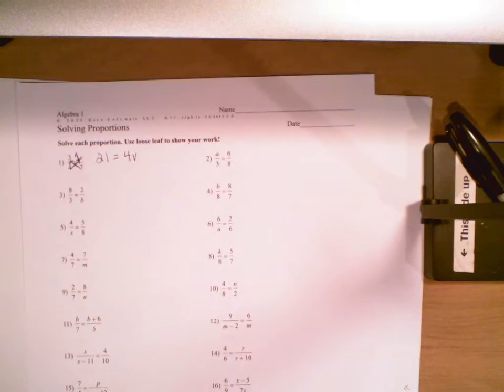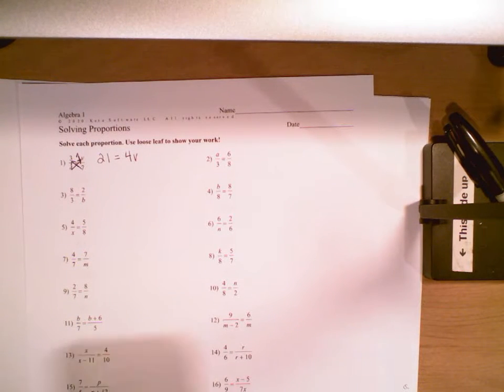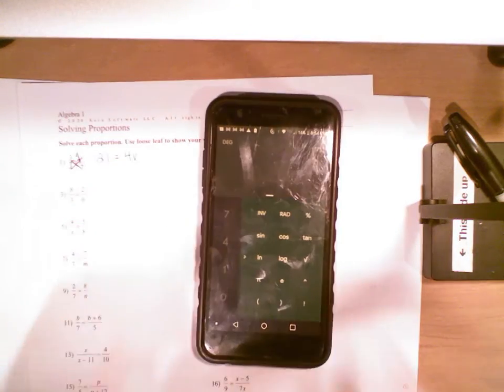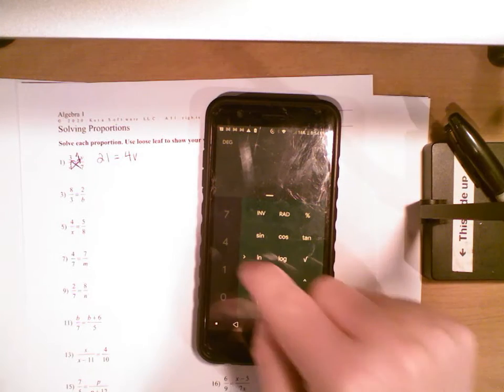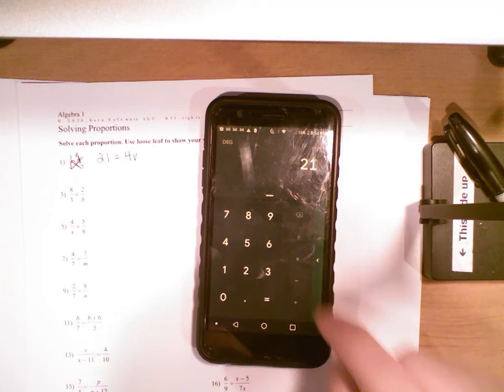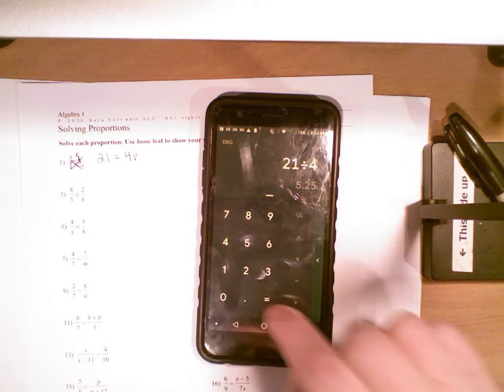That's obviously not my answer yet, because I have to get V, my variable, alone. In order to get my variable alone, you got to pull your calculator out if you have one, or you could use your math in your head. Please excuse the cracks. But I'm going to type in 21 divided by 4.